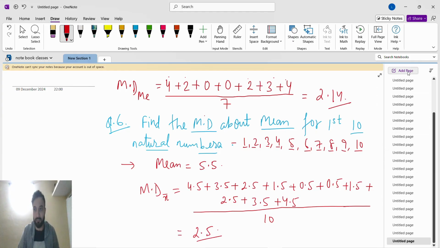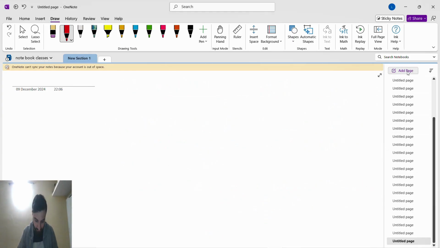Okay. Next question, number 7. So this is the last question for the mean deviation, which is also called average deviation.